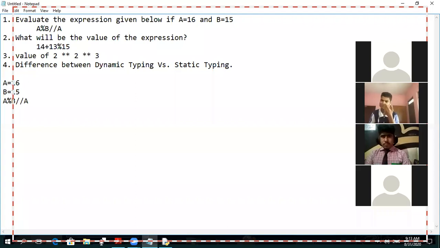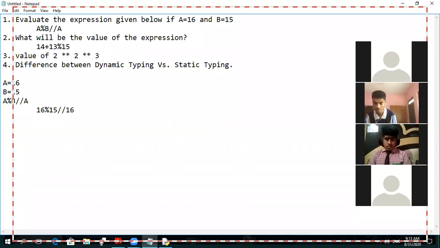Then first of all, this value 16 will assign in variable A. Then 15 will assign variable B. After that, floor division, and then the value of A will assign in variable A. Okay, means 16 will assign here.